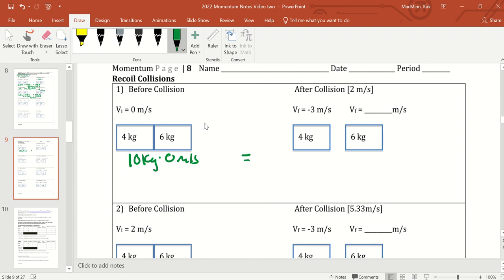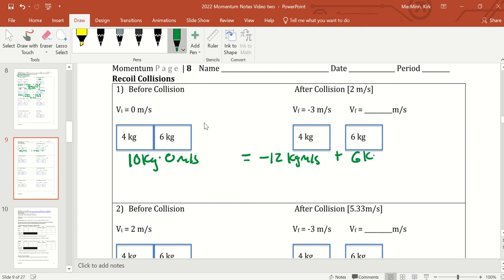And afterwards, after they separate, after the collision, we're going to have a 4 kilogram mass moving at negative 3 meters per second. So 4 times negative 3 is negative 12 kilogram meters per second, plus the 6 kilogram mass is traveling at some unknown velocity, so that's what we're looking for.